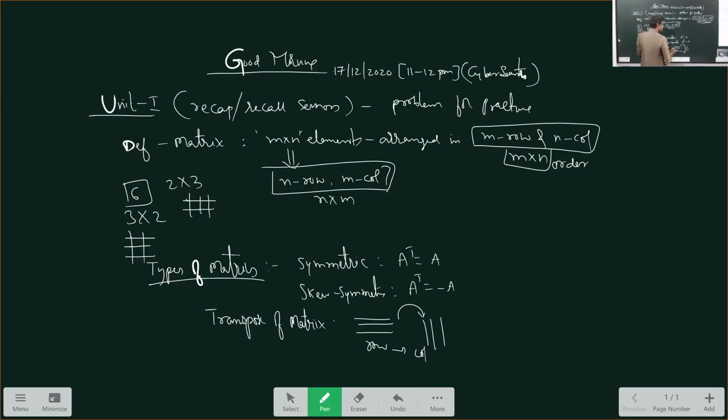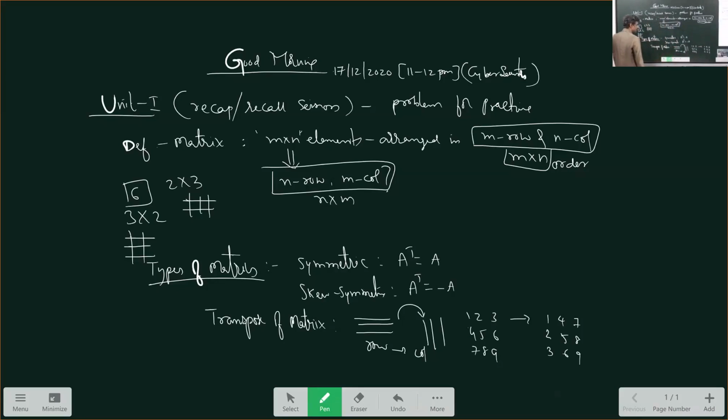So the elements in the first row become the first column, the second row becomes the second column, and the third row becomes the third column, for example 7, 8, 9. It's not that the first row becomes the third column and the second row becomes the first column. No such order. We maintain the same order.